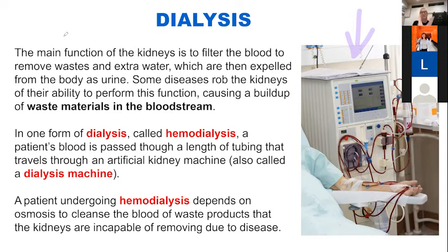It would allow waste material to pass through the membrane and allow water to either leave and go into solution or go into the blood, depending on what the osmotic pressure of the blood is. So we call that hemodialysis. Hemo for blood and then dialysis for basically doing this osmotic cleansing of the blood.